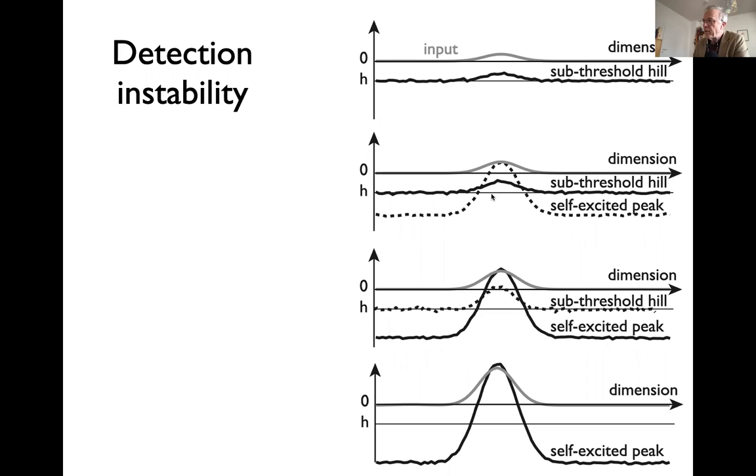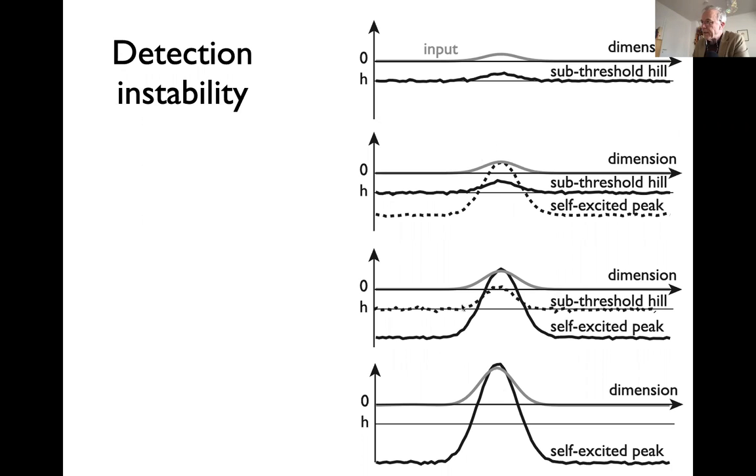For instance, at this level, you could have the subthreshold response, but you could also have the self-excited peak if you're coming from this end, if you already had a self-excited peak. And at this level of input, a little bit more, you would still have two levels of input.